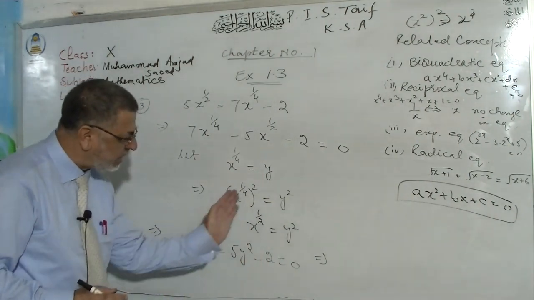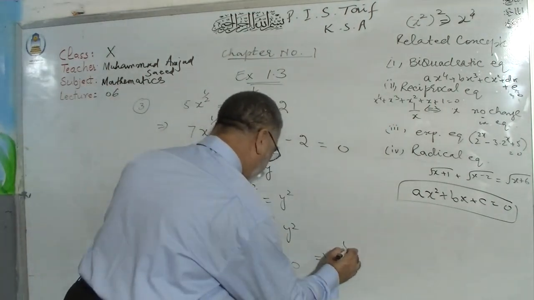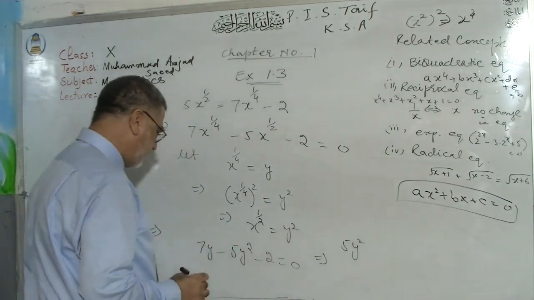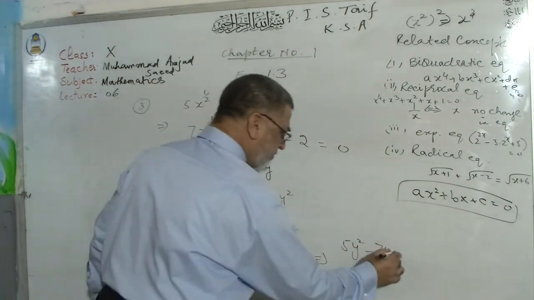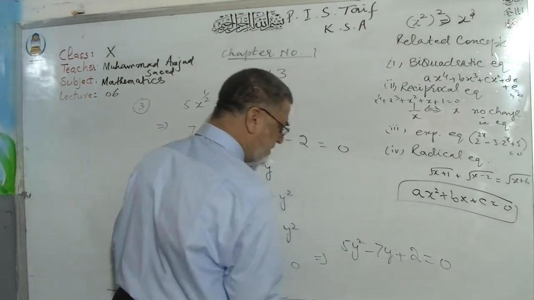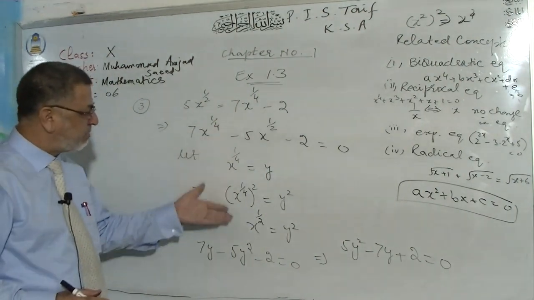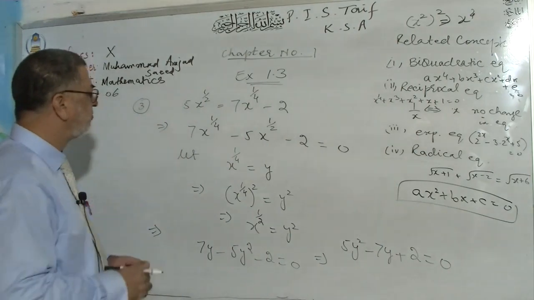Bring these terms to the right hand side so that they will be positive. So 5y square is shifted to the other side, minus 7y, and plus 2, equal to 0. Now we have converted our equation by substitution into the standard quadratic equation.